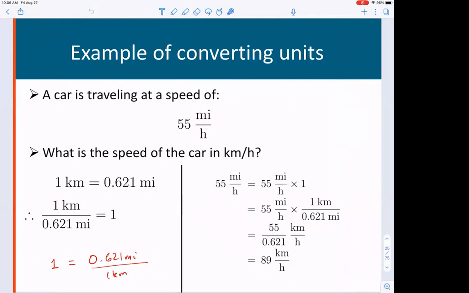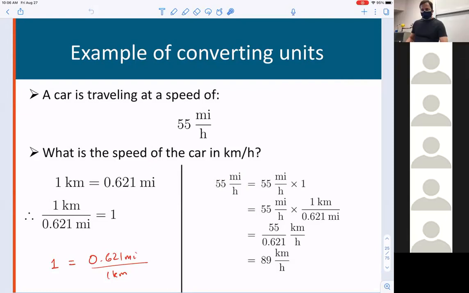So I take my 55 miles per hour and multiply it by 1, and I write this 1 as the ratio of 1 kilometer divided by 0.621 miles. Because they're equal, their ratio is 1.